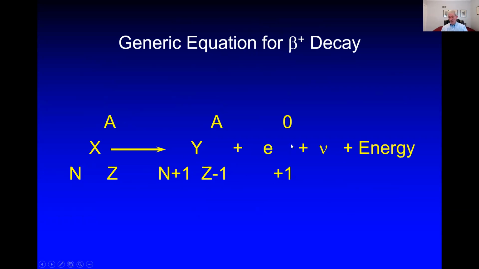And look what's coming out of here. This is a positron. This is a neutrino. And these two particles, just like in beta minus decay, share all of this energy. Now, if someone asks you which is a neutrino and which is an antineutrino, I have treated them generically like they're all neutrinos.